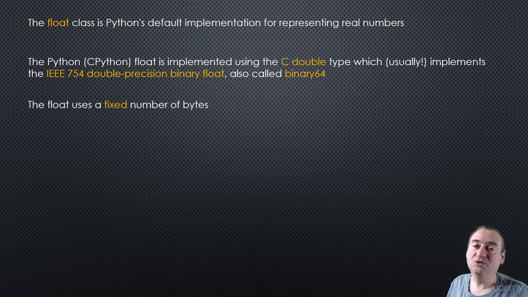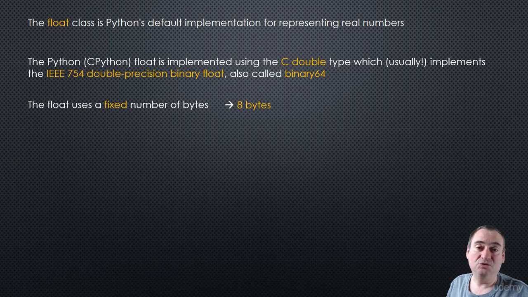Now, the float uses a fixed number of bytes. Remember when we looked at integers, we saw that integers could grow as large as we wanted to, and it would just take up more and more memory space as needed. Floats are not the same. Floats are a fixed width. In other words, they have a fixed number of bytes that can be used to store and represent floating point numbers.